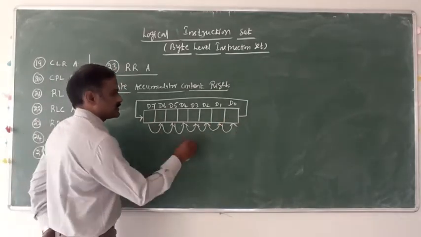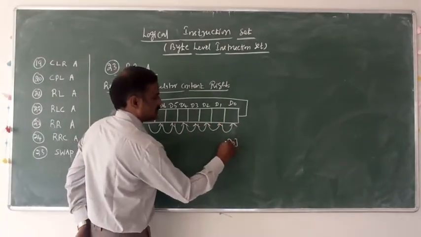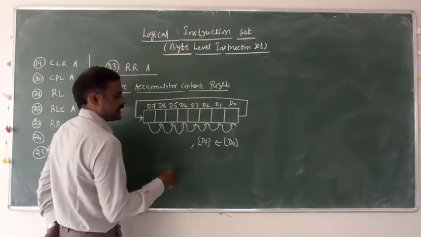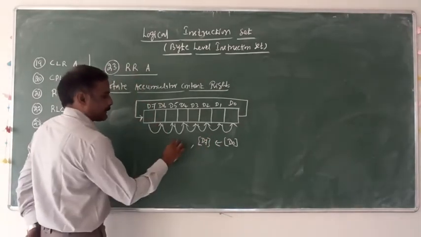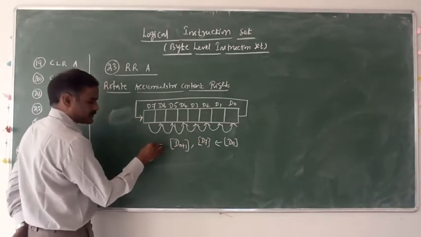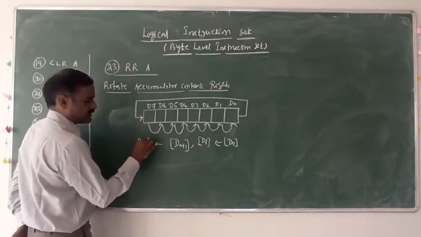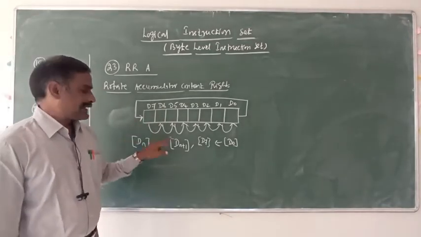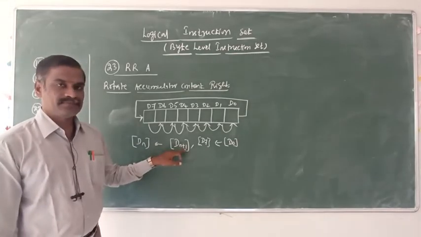How to write this one? D0 bit data moves to D7 position and then Dn plus 1 position data moves to Dn position. Here n plus 1 means 7.